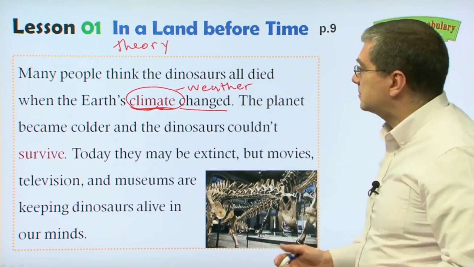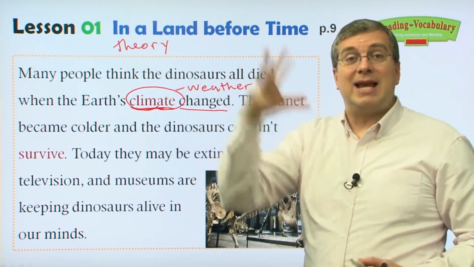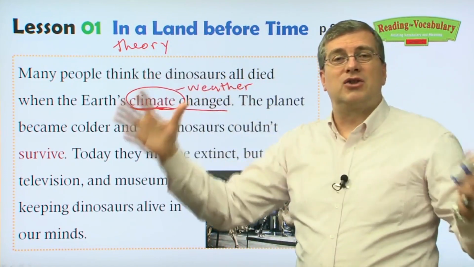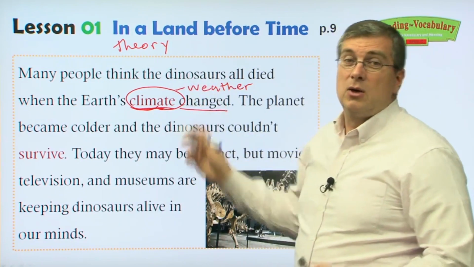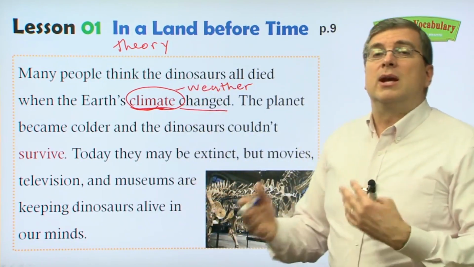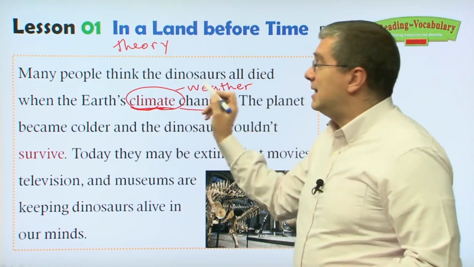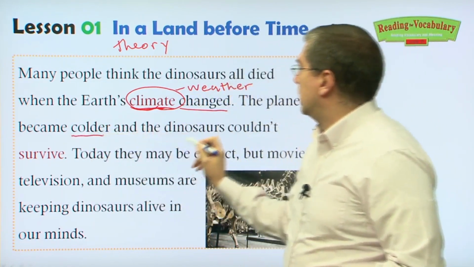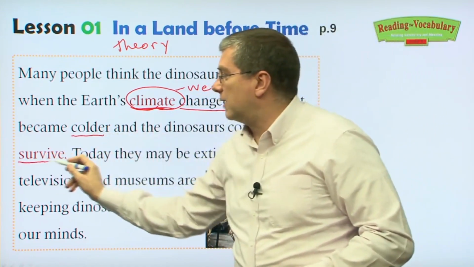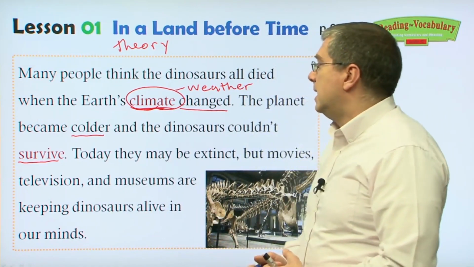That's one idea. Another idea, not here, is that an asteroid came and hit the Earth, and it caused such destruction that the dinosaurs died. That's another theory. We don't know for sure. We can only guess based on the evidence. In this theory, if the climate changed, the planet became colder and the dinosaurs couldn't survive. They couldn't live. They couldn't continue to live.